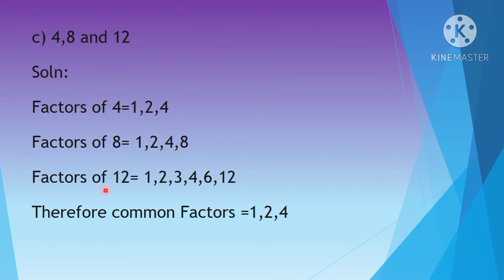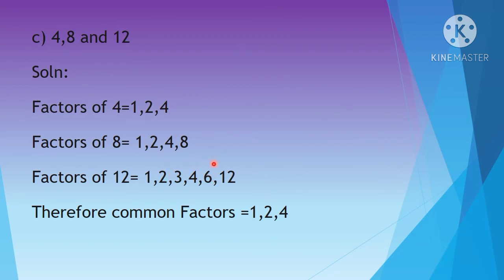So 2 and 6 are the factors. Then can you find out, 3 fours are 12, right? So what are the factors of 12? 1, 2, 3, 4, 6 and 12. Try to write in ascending order, children. When you write down the factors, write in ascending order. Then it is easy to find out the common factors.